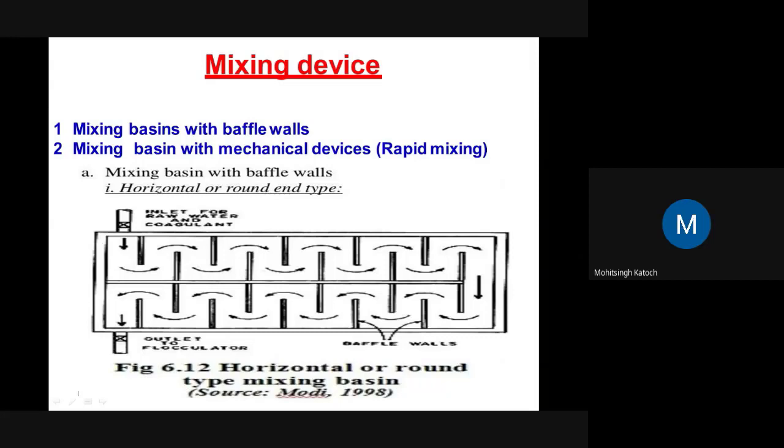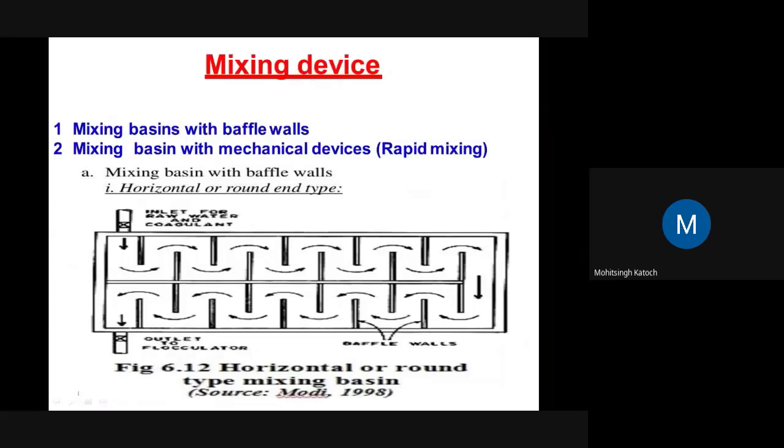A mixing basin with mechanical devices, known as a flash mixer, can also be used. Mixing basins with baffle valves require large areas, but flash mixers, which are mechanical devices, require very small space and can give higher efficiency in mixing the coagulant with the raw water.